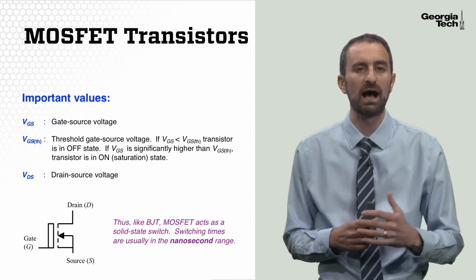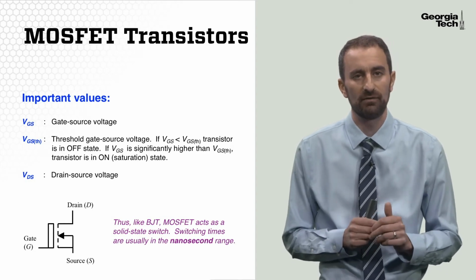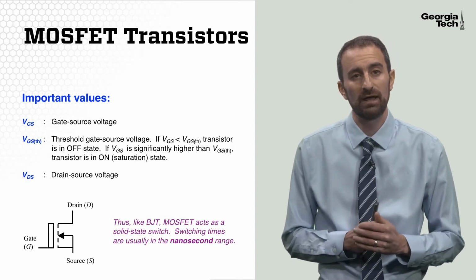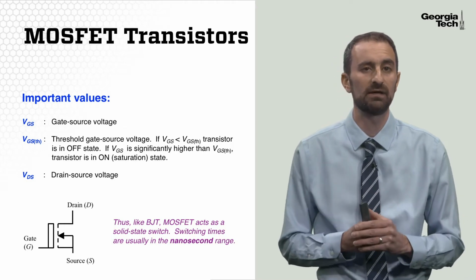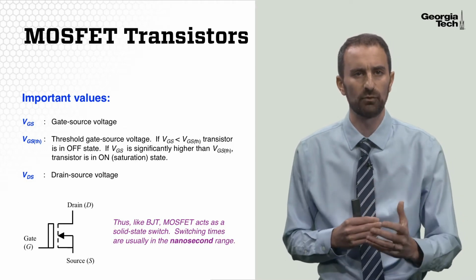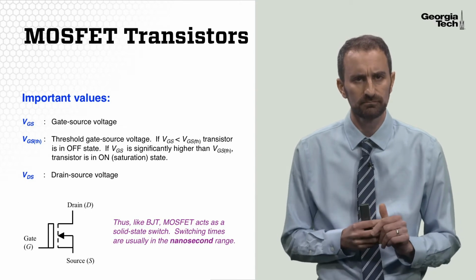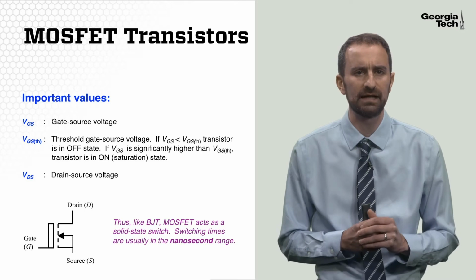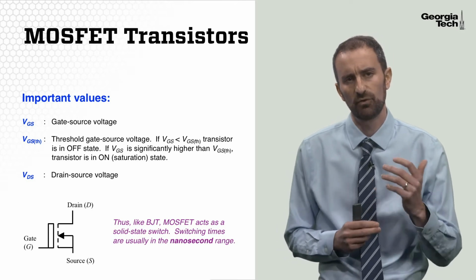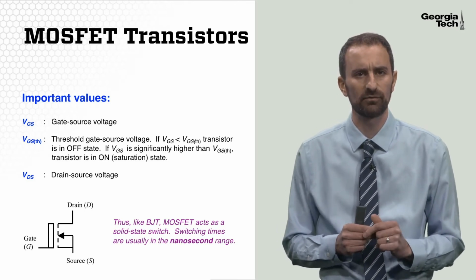There's several important values that we should know about when specifying a MOSFET transistor for a particular application. The first is the gate source voltage. Now, there's a certain particular value of that gate source voltage. That's the voltage difference between the gate and the source.